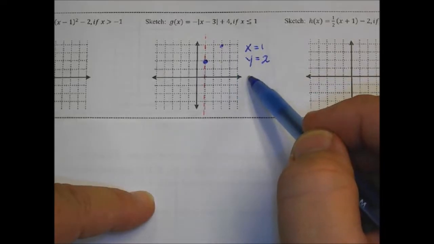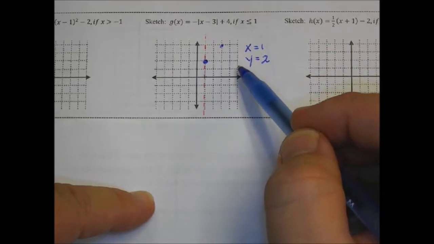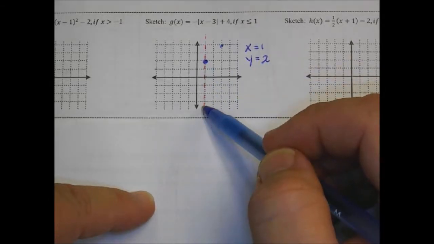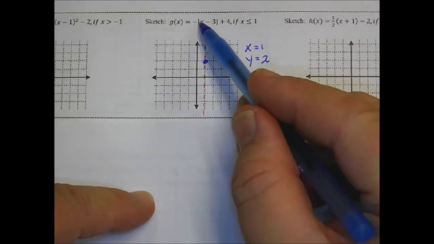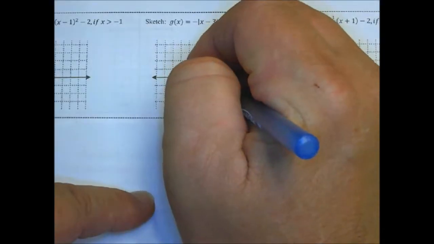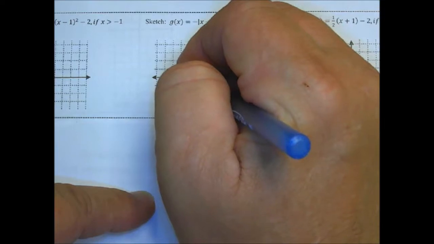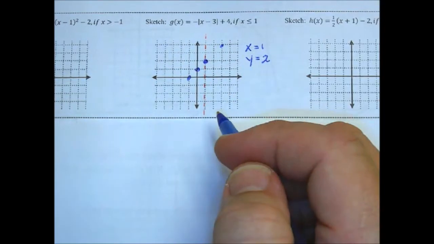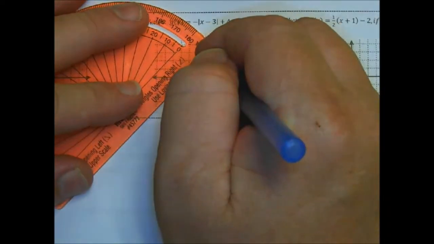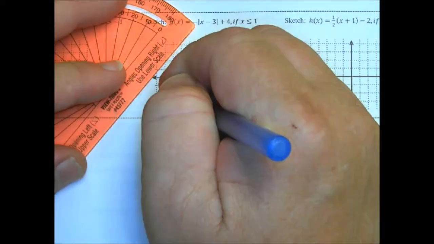But we don't want the entire graph. We only want the part of the graph that is to the left of this boundary. So all we have to worry about is the slope. Down 1 over 1, because remember the slope was negative 1, down 1 over 1. So it turns out this is what that restricted domain graph looks like.